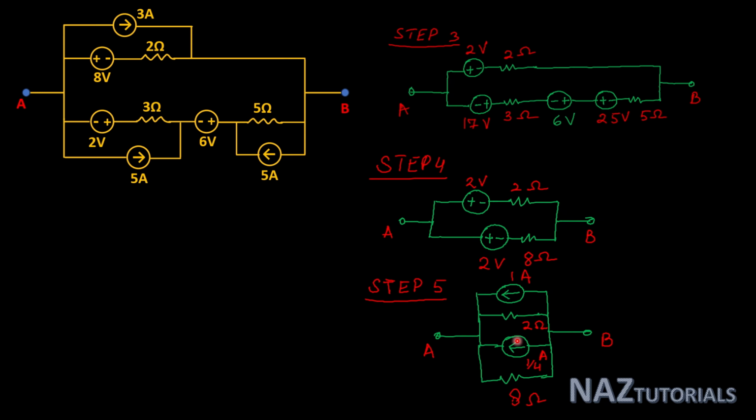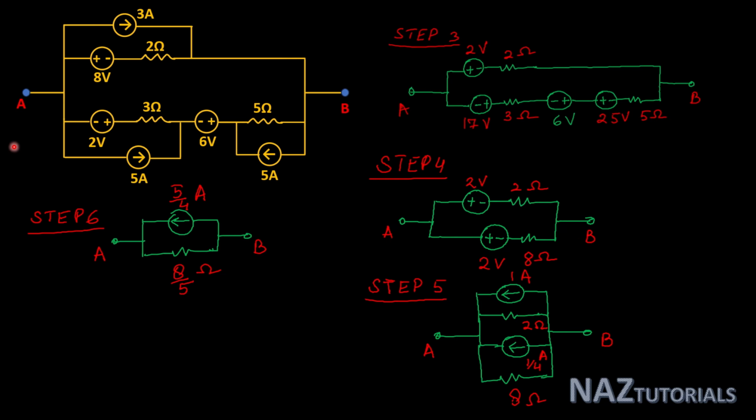Now we add these two current sources and make the parallel combination of these 2 ohm and 8 ohm. Its value is 5 by 4 ampere and 8 by 5 ohm.